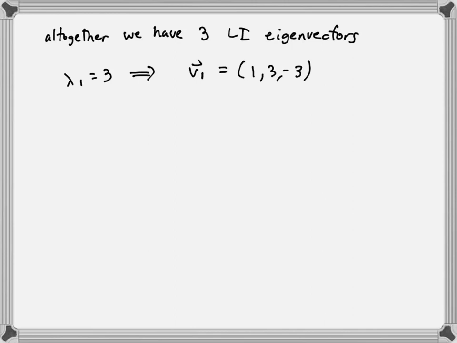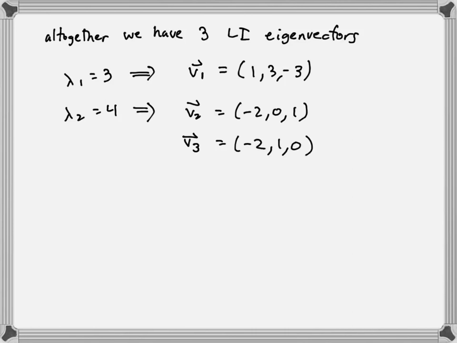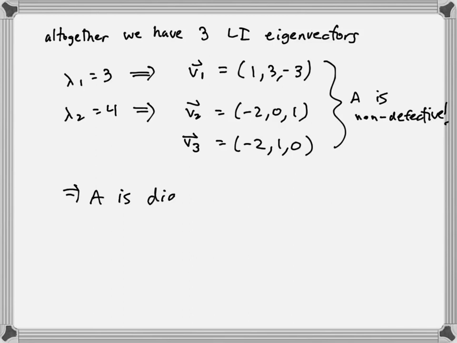And for lambda 2 equals 4, we had V2 equals negative 2, 0, 1, and V3 is equal to negative 2, 1, 0. So because we have 3 linearly independent eigenvectors, A is non-defective. Which means that A is diagonalizable.